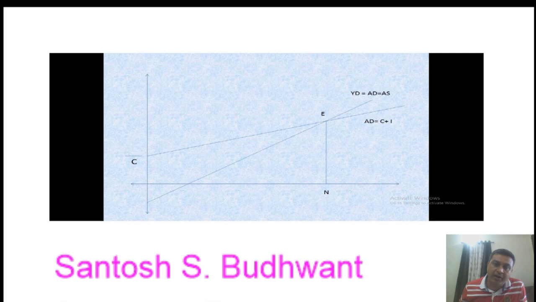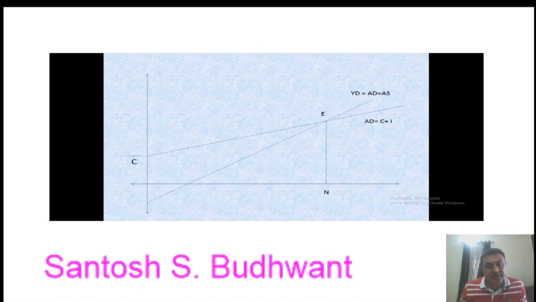This curve, Y, is equal to AD, aggregate demand equals aggregate supply. The second one, the minus line, is the saving line. In the upward side it is the C line, the consumption line, meaning the people have no income but consumption is there: saving is minus 20 and consumption is 20. So again it moves upward.